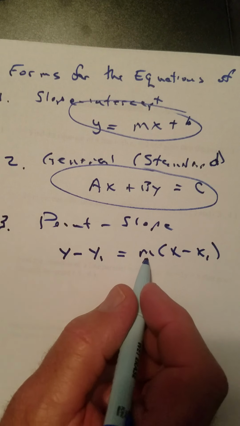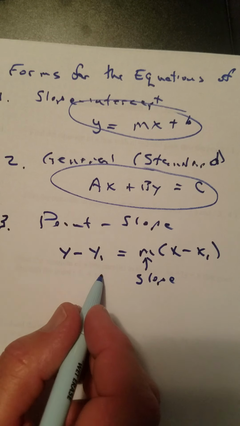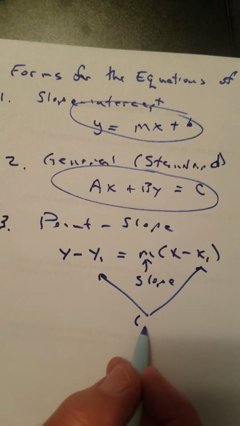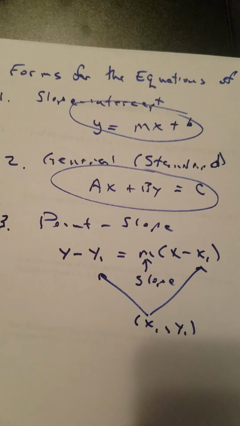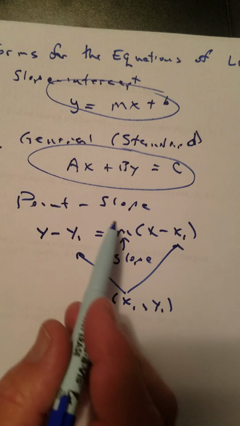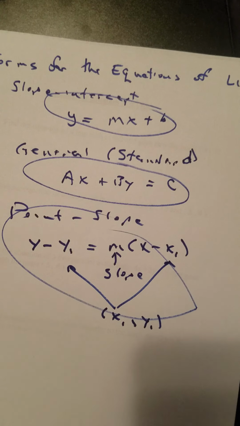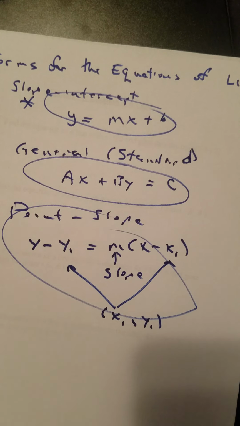So obviously m is the slope, and the x1, y1 is usually some point that we know is on the line. For most of what we're going to do in this next group, we're going to find equations of lines. You're always going to start with this, but you'll end with one of the others. Probably that one, because it's easy for you.